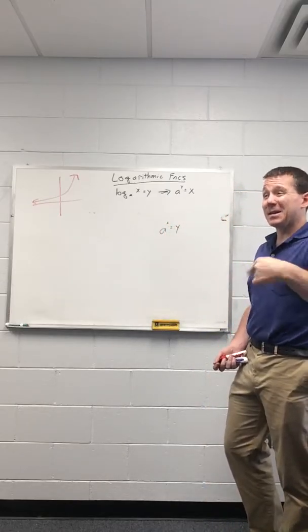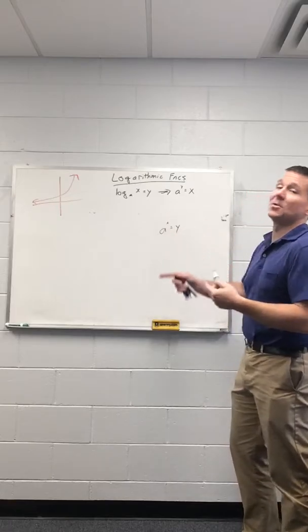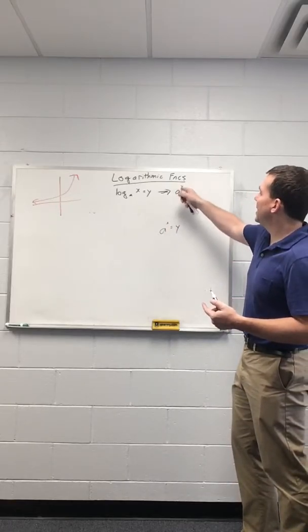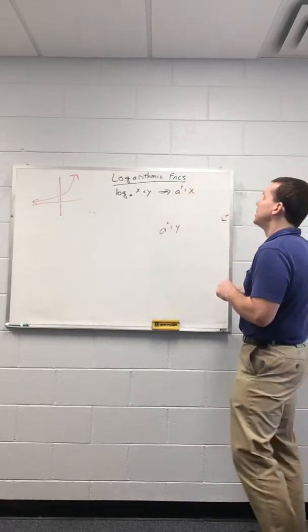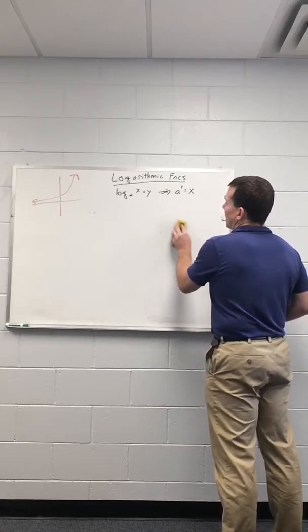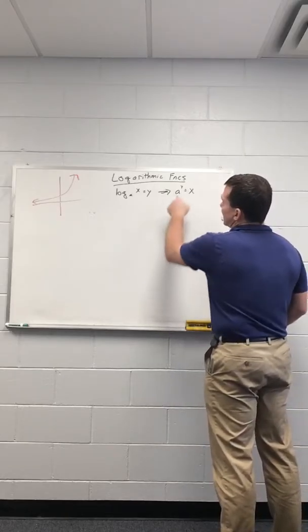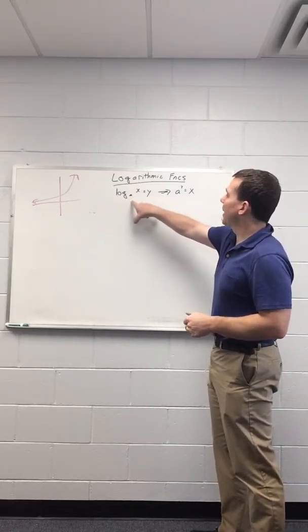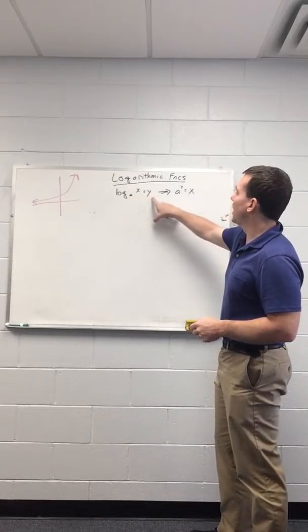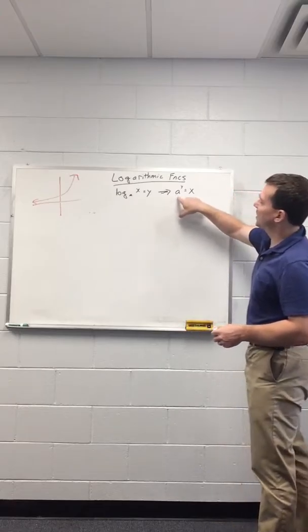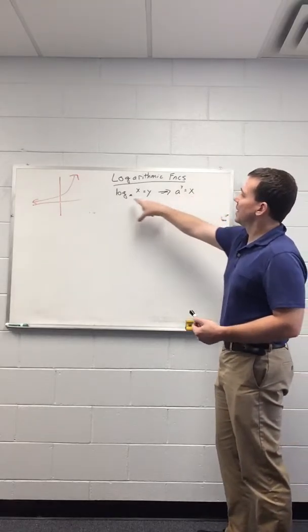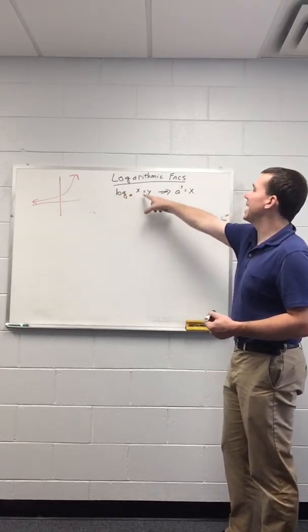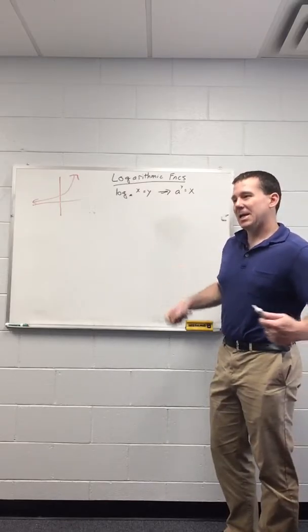And we said to find the inverse of the function, you flip the x and the y around. So then you would get a to the y equals x, which is what a logarithm is. But instead of writing it this way, we generally write it this way: log base a of x equals y. Keep in mind, when we had an exponential, a was the base. Here it's log base a of x equals y.